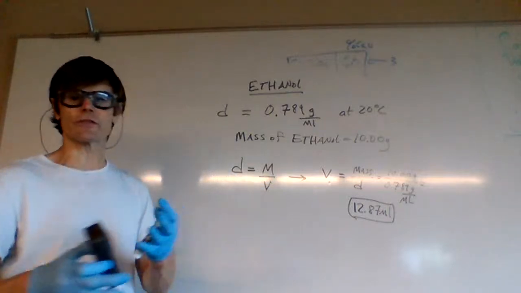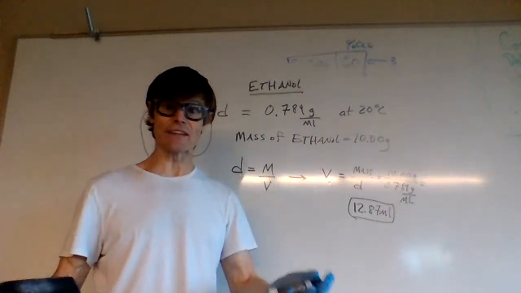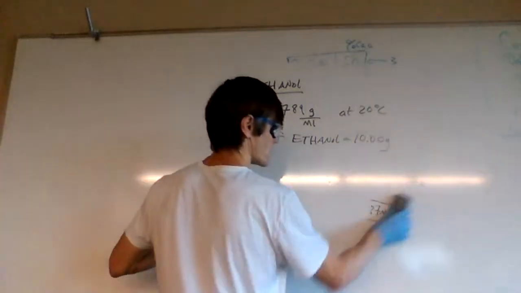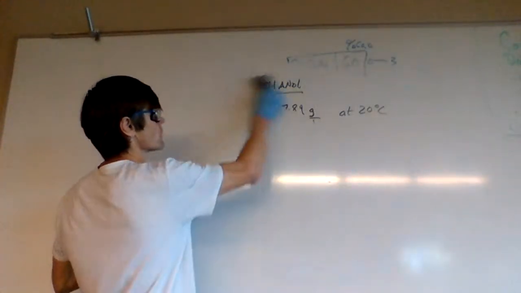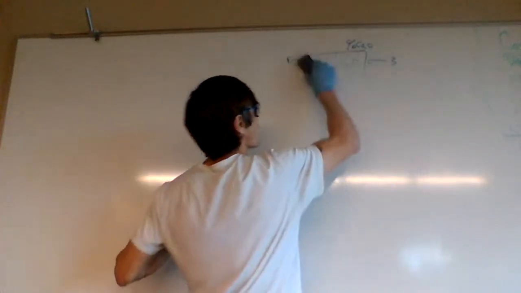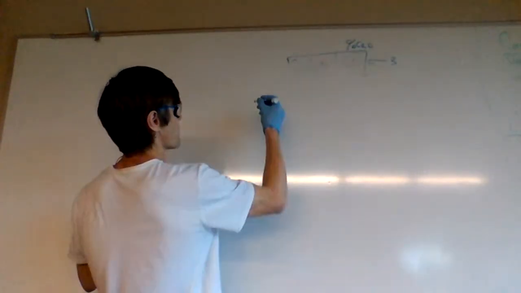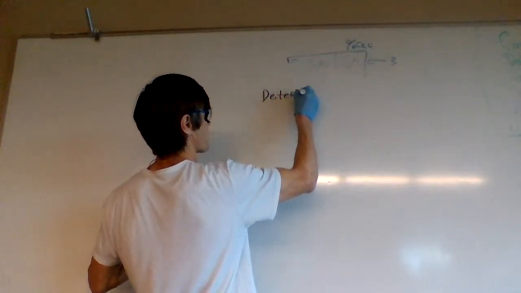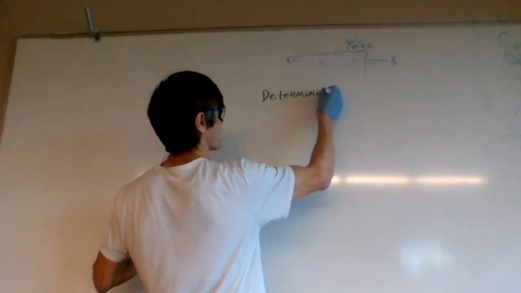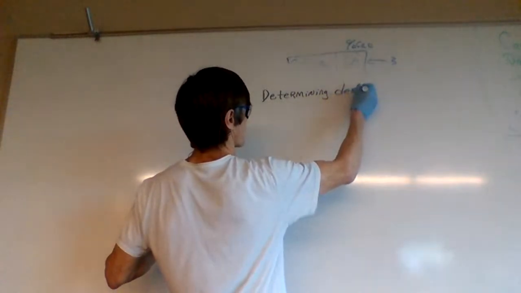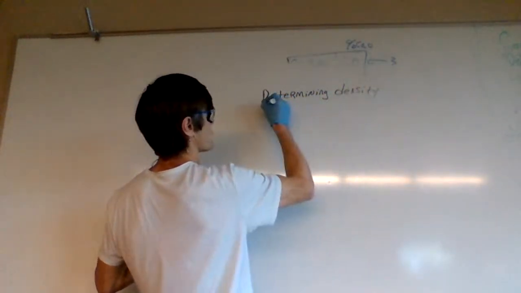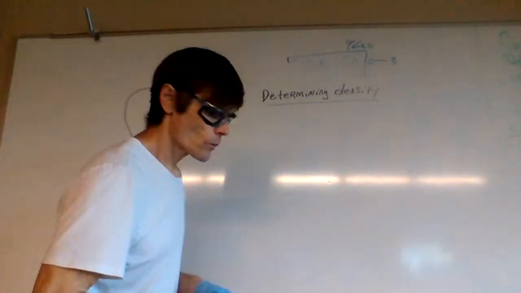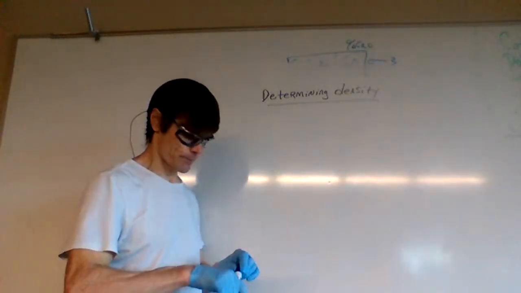What if we just wanted to determine a sample's density? What if we didn't know what a sample was, an unknown object? So let's think about determining density. To determine a sample's density, we could do it experimentally.